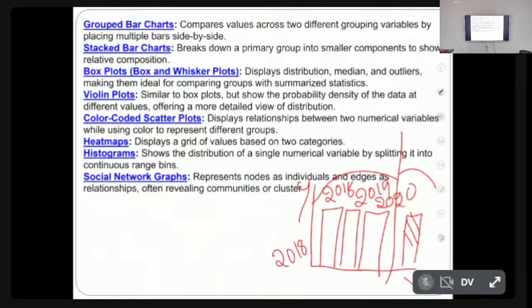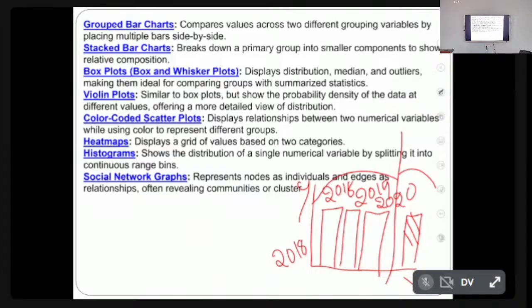Value or variable is the same, remember that. By splitting it into continuous range bins, B-I-N-S. What is a histogram? That one you have to draw here.